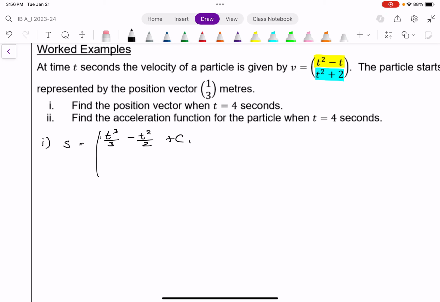I want the antiderivative of t squared plus 2, which is t cubed over 3 plus 2t plus some other constant. So again, you can see where these come from. That's it. We also know the initial position is at 1 and 3. So we can now use that to solve for each of those constants.